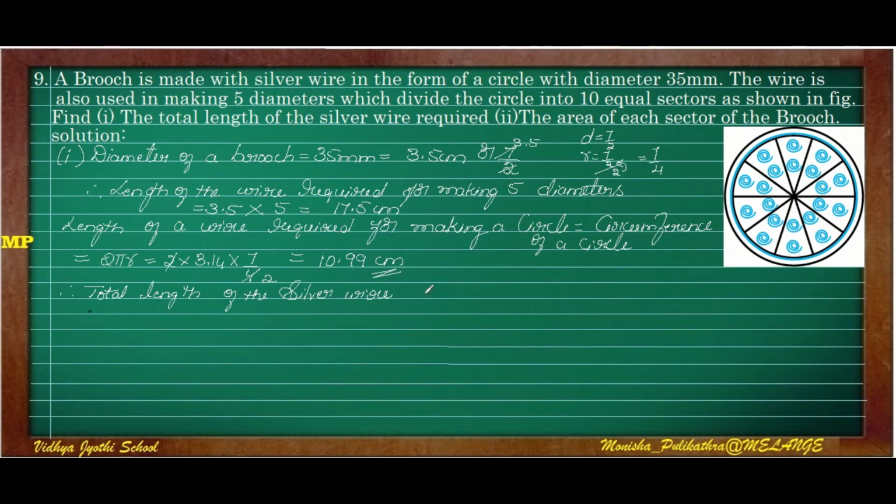So we need the total length of the whole silver wire required to make a brooch. So the 5 diameters will take 17.5 centimeter plus the circle shape will take 10.99 centimeter. So the total length will be 28.49 centimeter. So this is the length of the brooch.